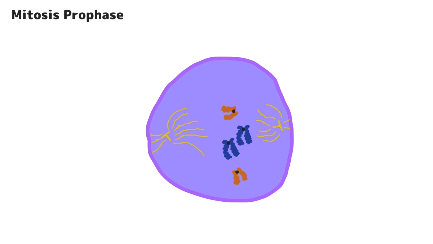After that follows the metaphase. During the metaphase, all the chromosomes migrate to the metaphase plate. It is usually in the middle of the cell, and the mitotic spindle also gets larger and larger and tries to connect to the chromosomes at the metaphase plate.